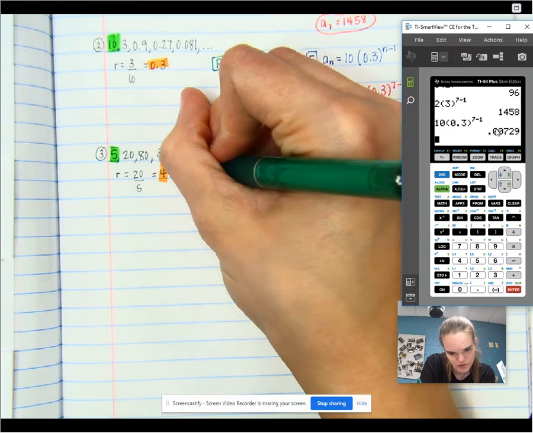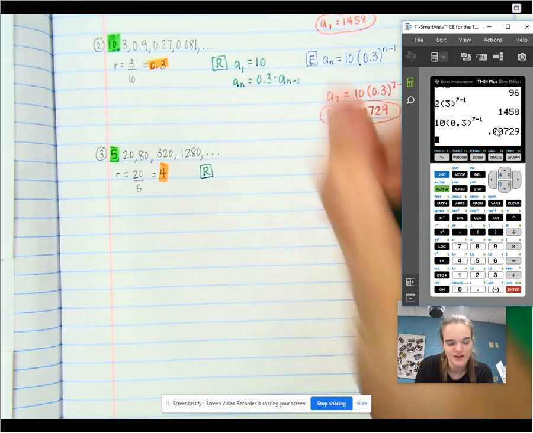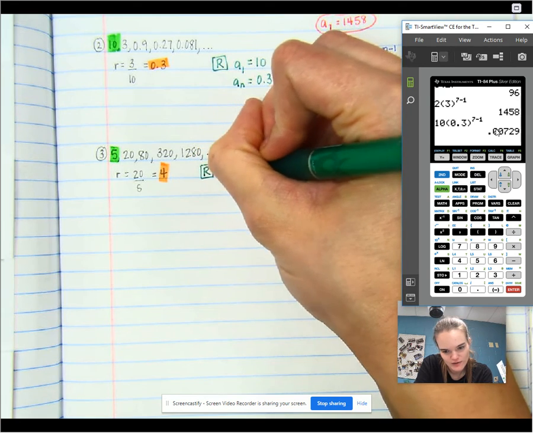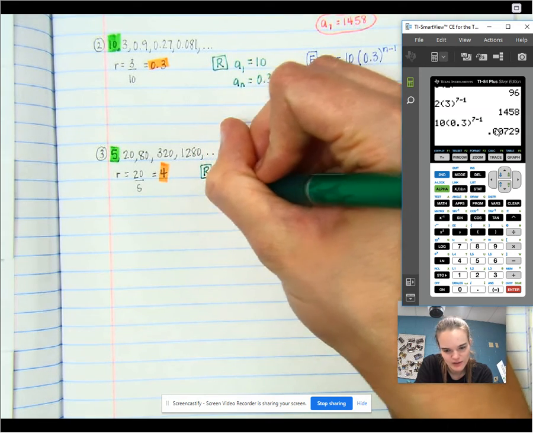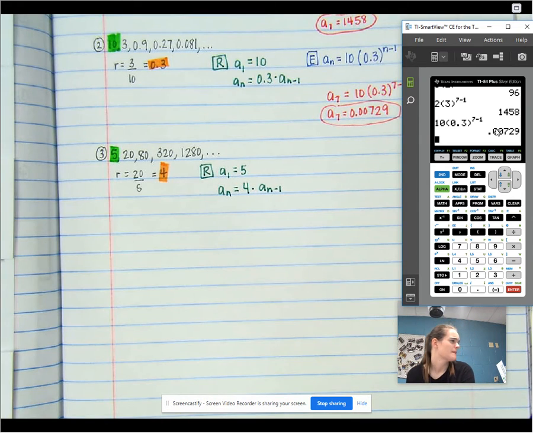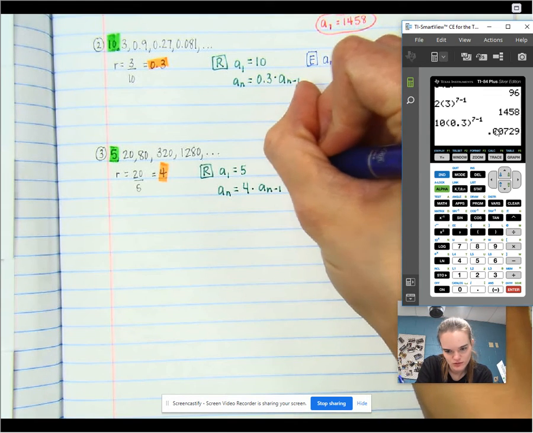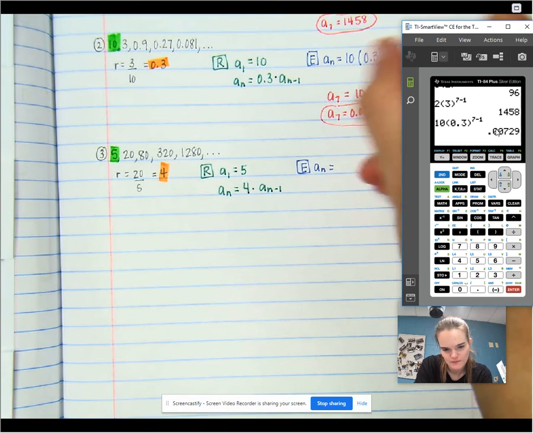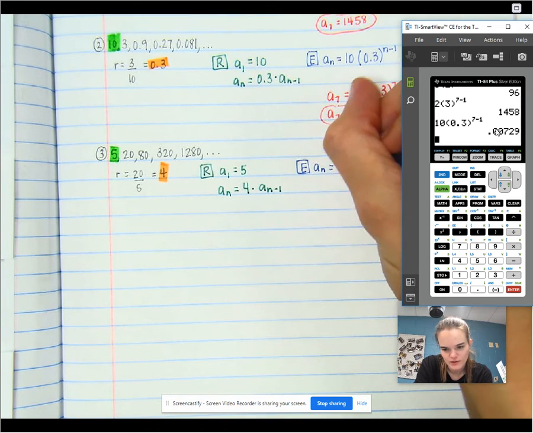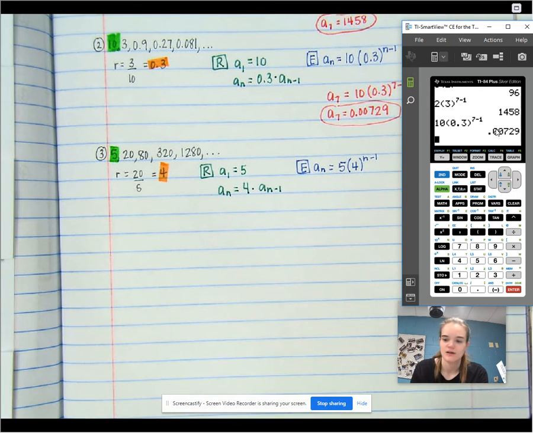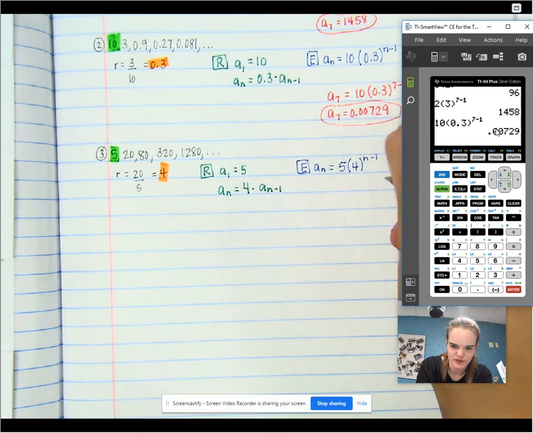The recursive rule is A sub 1 equals 5, and then A sub n equals 4 times A sub n minus 1. The explicit rule, A sub n equals the first term times the ratio to the n minus 1 power. And then last, you should have plugged in a 7.